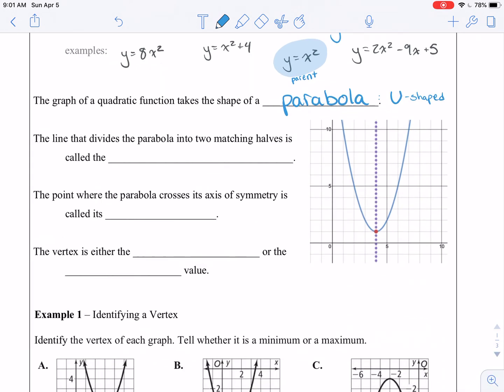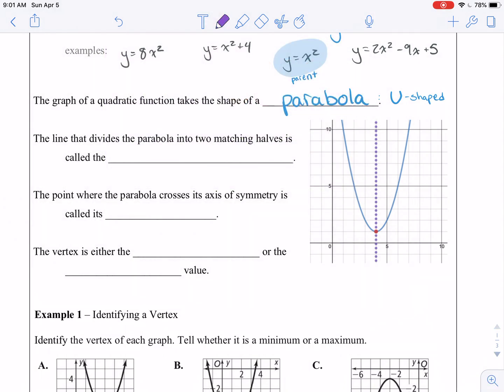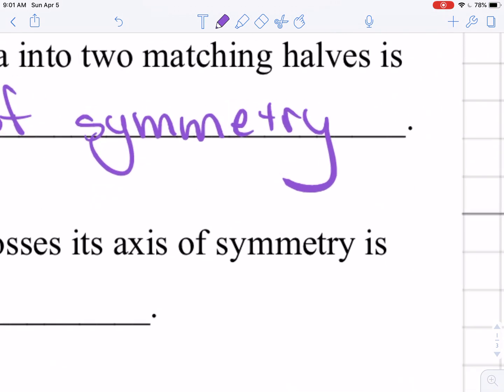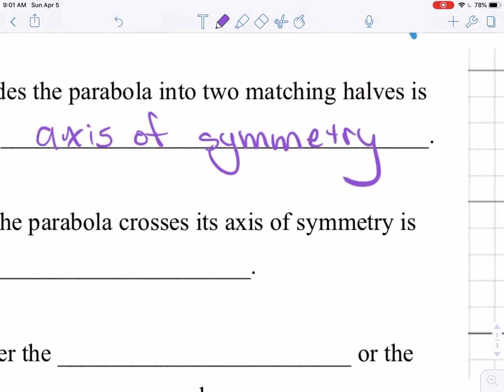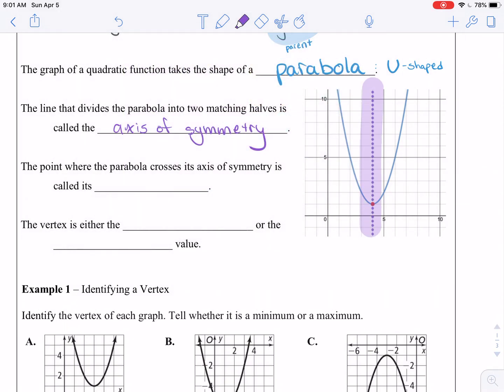Now, every parabola has a line that divides it in half, and these halves will match. They're symmetrical because they're measured the same. So we call this line the axis of symmetry. The axis of symmetry is the line, this line right here, that divides the parabola into two equal halves.